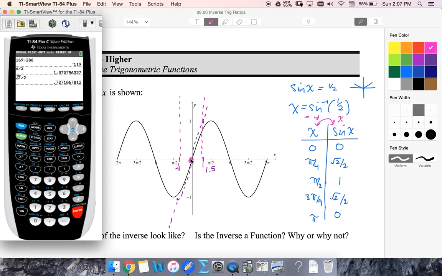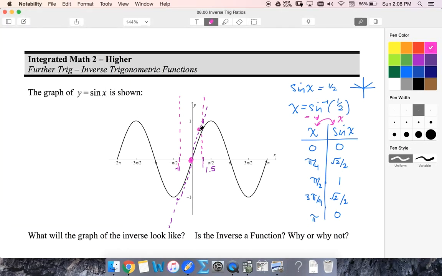So when my angle is pi over 4, let's do that one also. Pi over 4 is 0.78, so my x value is going to be about 0.7, my y value is going to be about 0.8, so 0.7, 0.8, something up here like this.